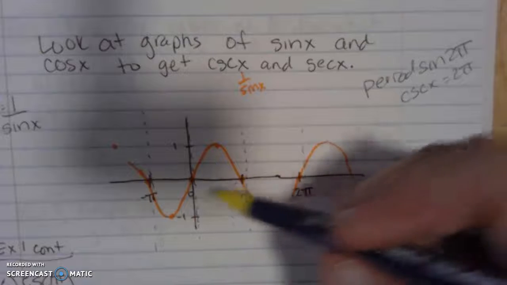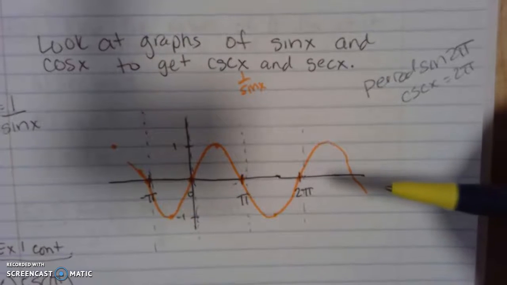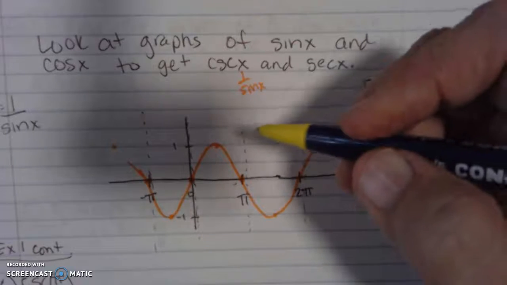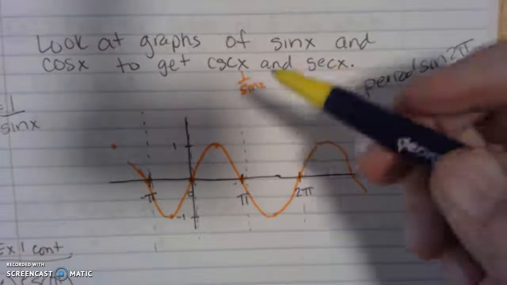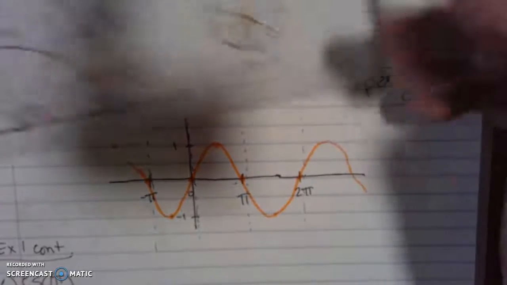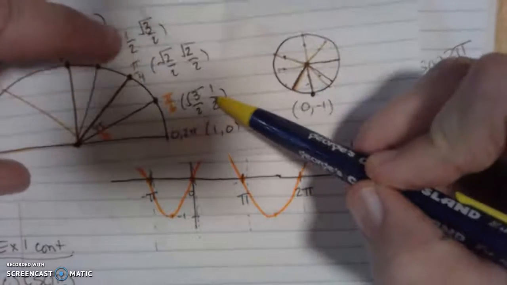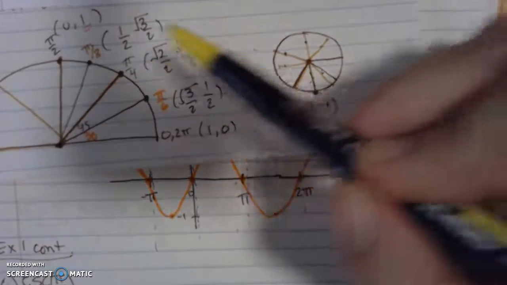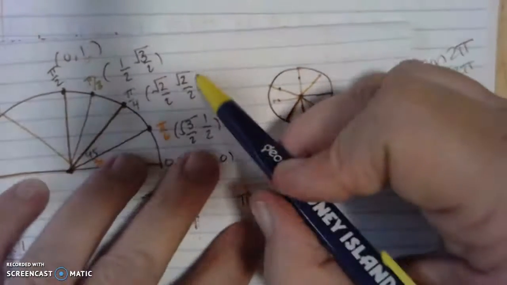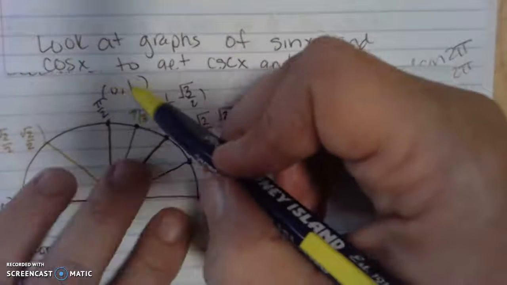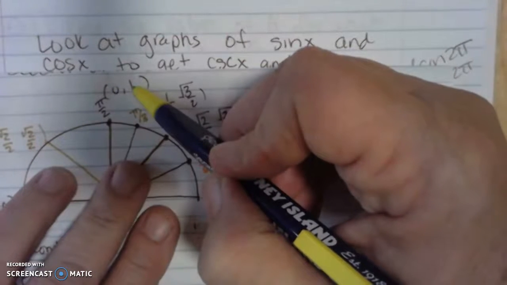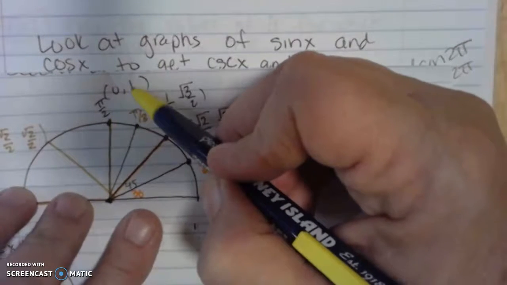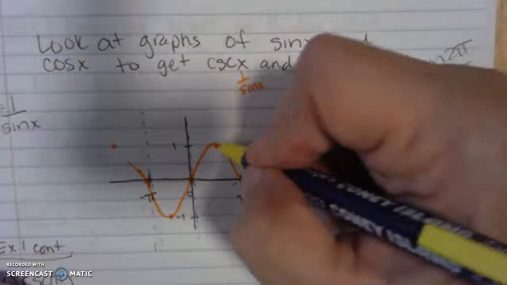So we know what our asymptotes are, and by doing the asymptotes, I can put in the inverse. The cosecant is still going to touch the sine graph. Let's prove it. At pi halves, sine is 1, so cosecant is 1 over 1, which is 1.